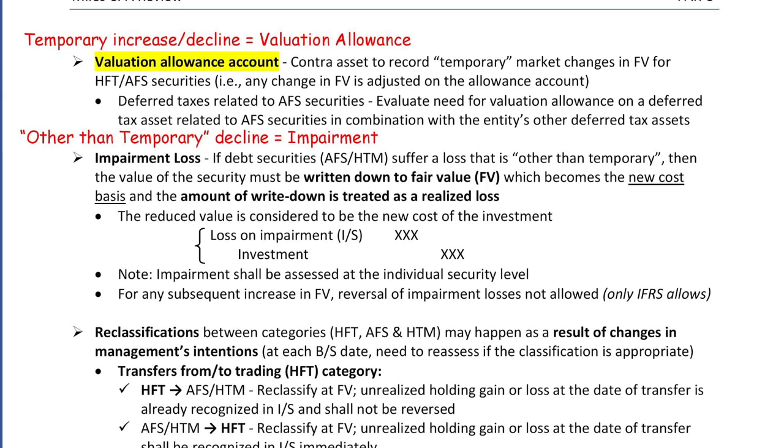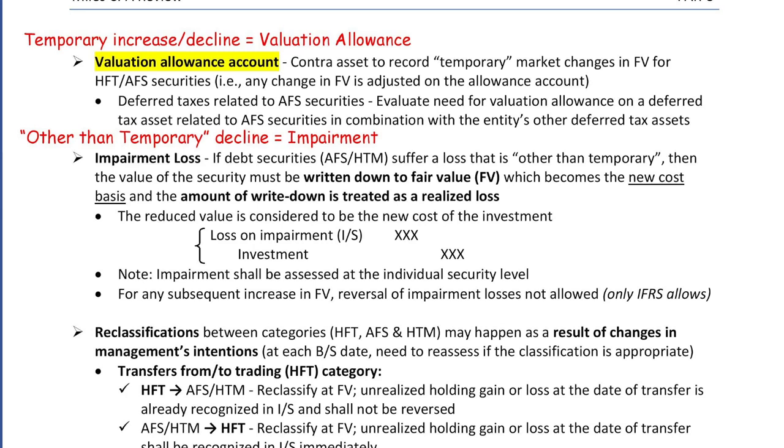Let's read this. If debt securities suffer a loss that is other than temporary, then the value of the security must be written down to fair value, which becomes the new cost basis, and the amount of write down is treated as a realized loss.